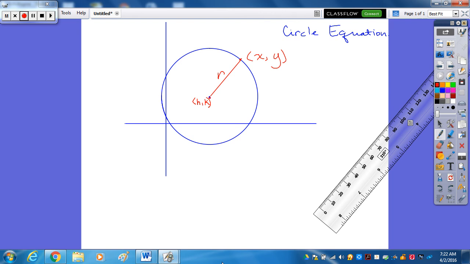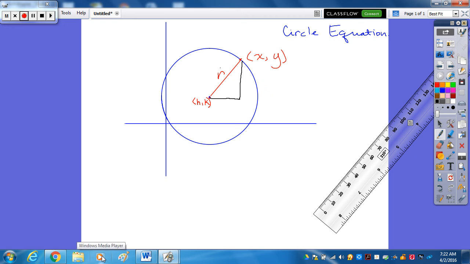Now, how am I going to do that? Well, first we have to figure out a connection, this relationship, which we already defined as r, but I'm actually going to use the Pythagorean theorem, knowing that all of those points are the radius from the center.